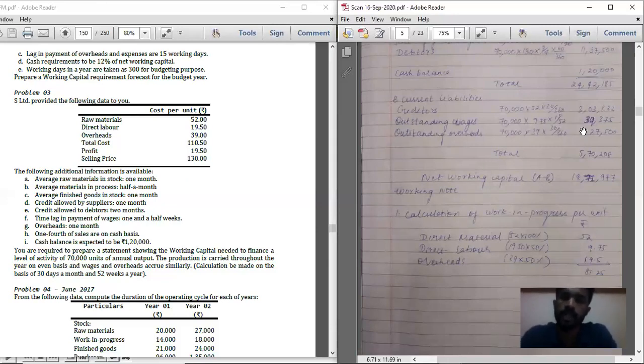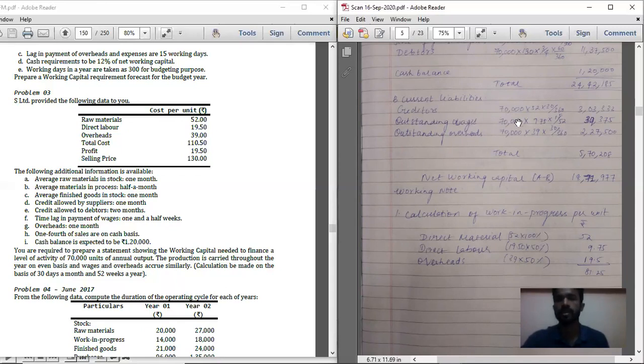So below that, capital B. Below the total, in the same statement, capital B, current liabilities. The first is creditors. In respect of current liabilities, put creditors.